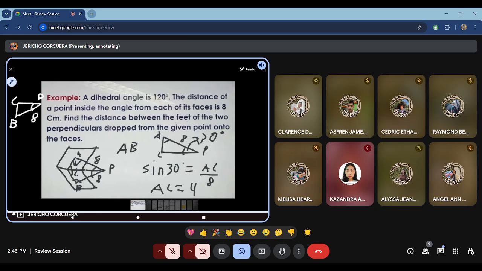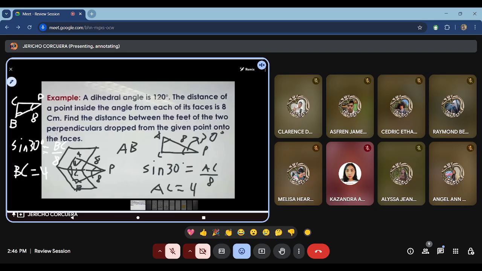This is 30, and this is 60. So we will do the same. Sine 30 is equal to BC over 8. MPE, and BC is also 4. And now we already have the values of AC and BC.